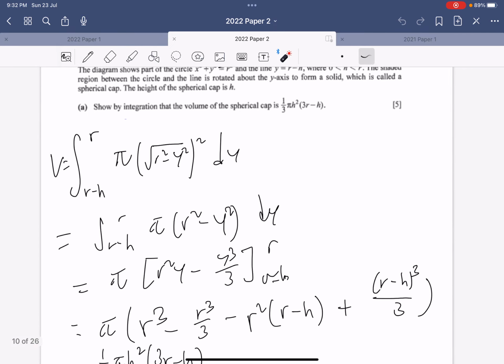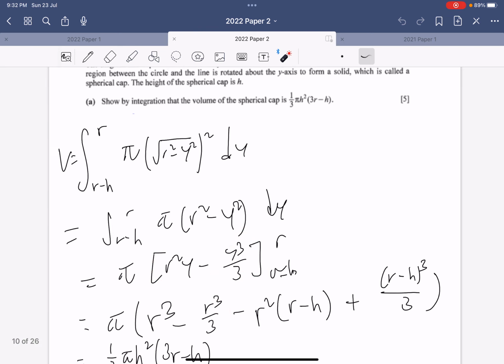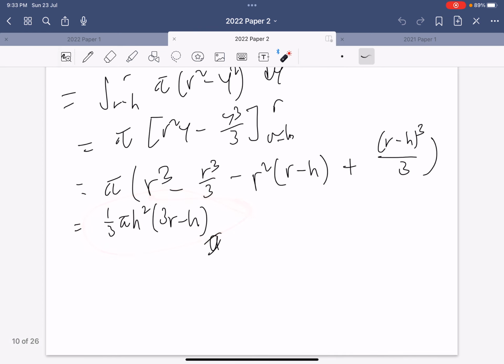And so when we sub it in, we just need to use the formula that the volume is pi x squared, and x squared is r squared minus y squared. Now integrating this with respect to y is simple, and so it will just be pi times the integral. Then you need to evaluate the integral, which is r squared y minus y cubed over 3. And after simplification, you actually get the formula they want.